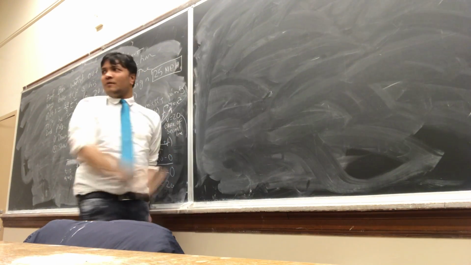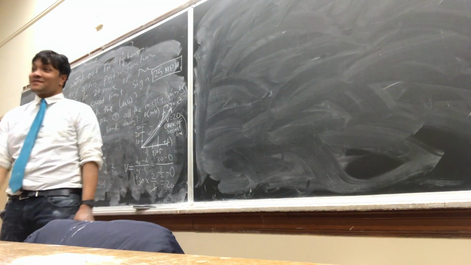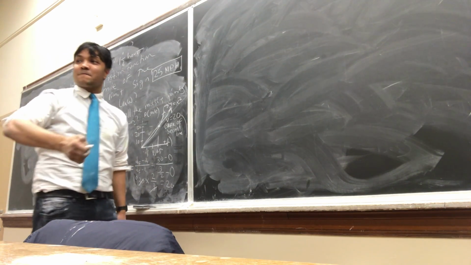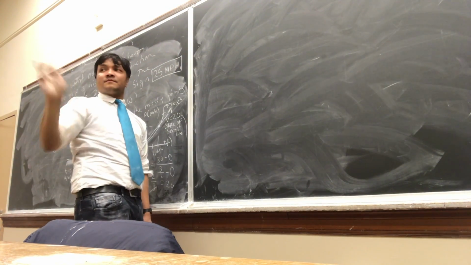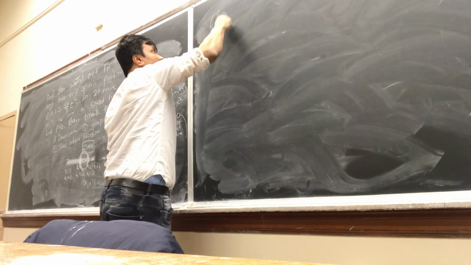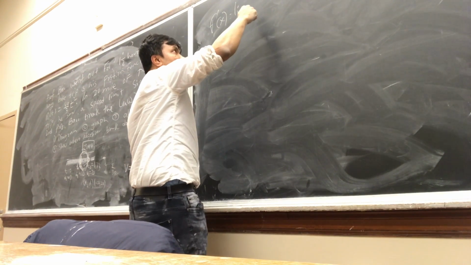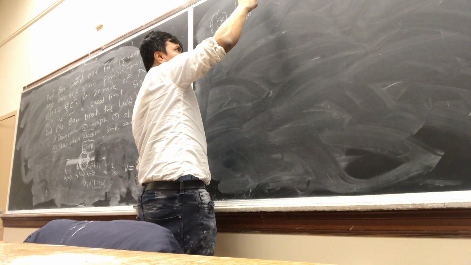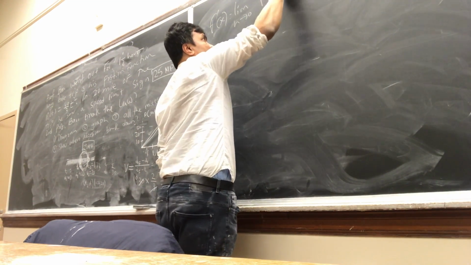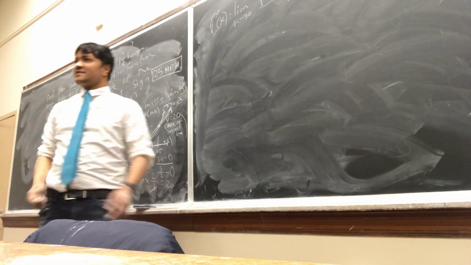F prime of x. Who said that? Very good. Please stand up and say it. The whole thing? Yeah, the whole thing. It's F prime of x equals the limit as h approaches 0 of f of x plus h minus f of x over h. Very good.